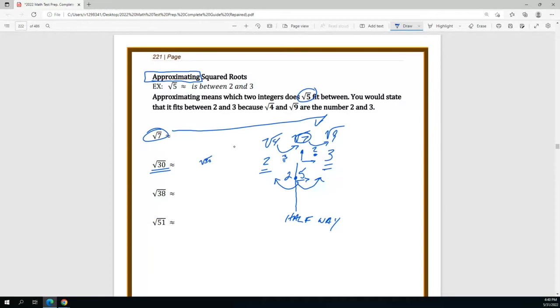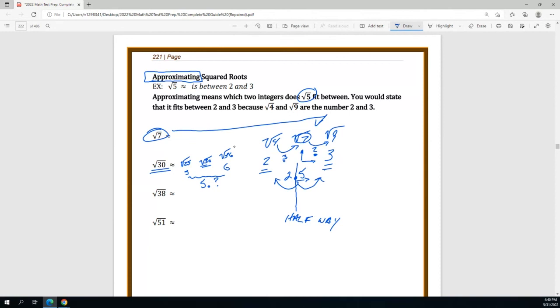Oh, we're getting close. And 6 squared is 36. Now I've passed it. So the square root of 30 is between the square root of 25, which is 5, and the square root of 36, which is 6. That means this is between the whole numbers 5 and 6. It makes it 5 point something. I don't know. 5 point something.